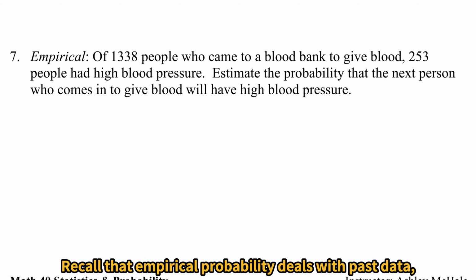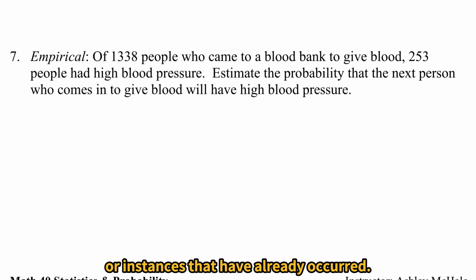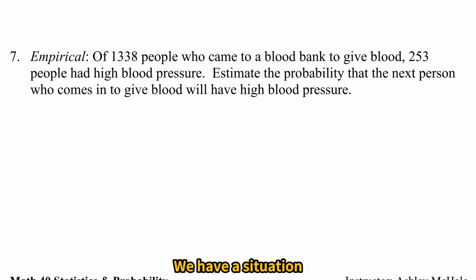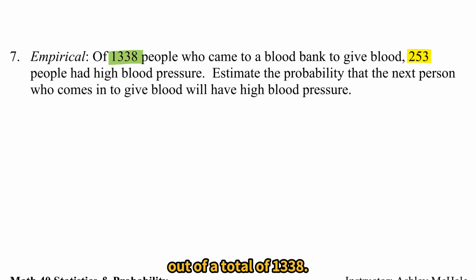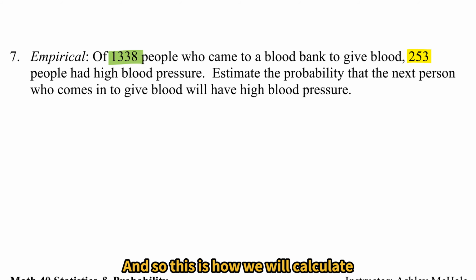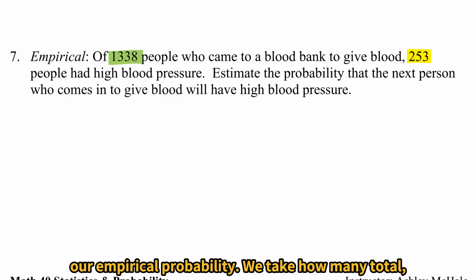Recall that empirical probability deals with past data, or instances that have already occurred. We have a situation where 253 had high blood pressure out of a total of 1,338. And so this is how we will calculate our empirical probability.